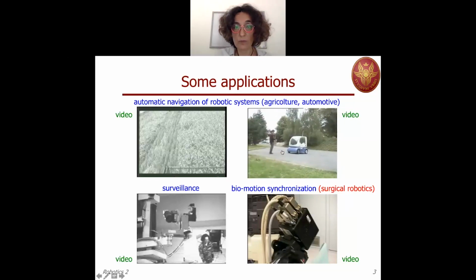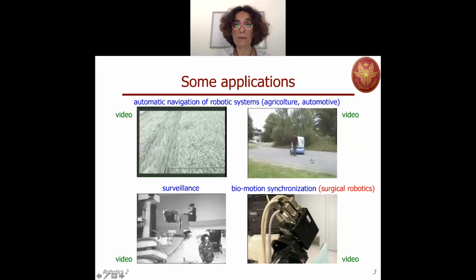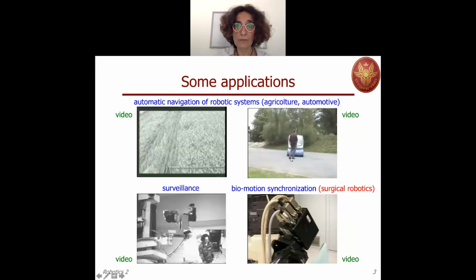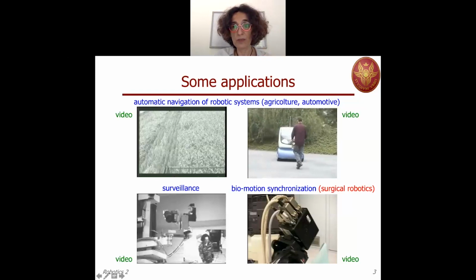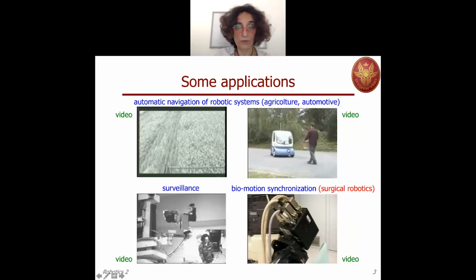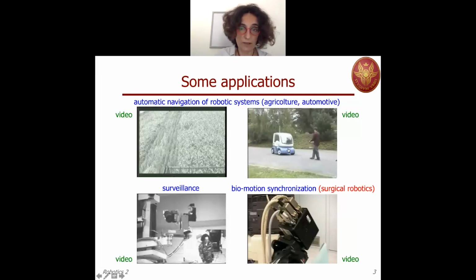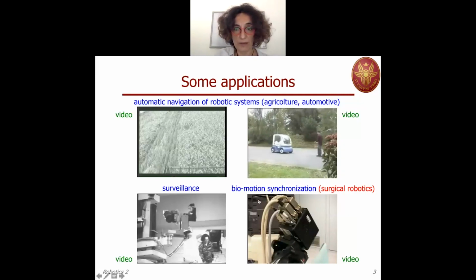You see that the human operator moves, there is a visual target, most probably a very simple one, and this car moves in such a way as to maintain a given distance between the target and the camera that is mounted on the vehicle.